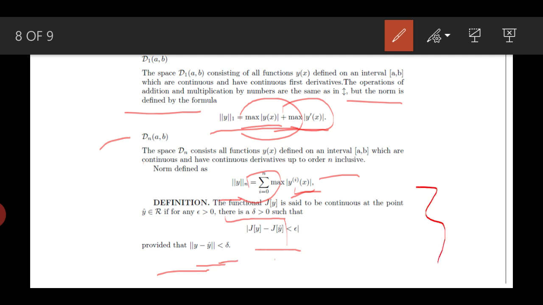So this is the epsilon-delta definition that you read in your calculus of several variables. I will not get into that very much.